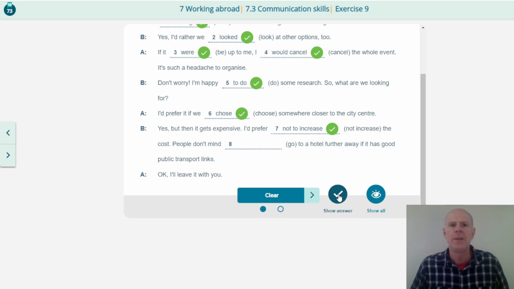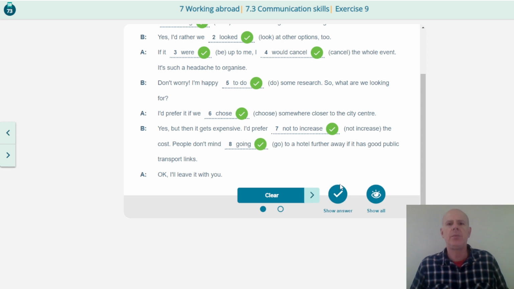People don't mind going to a hotel further away if it has good public transport links. Okay, I'll leave it with you.